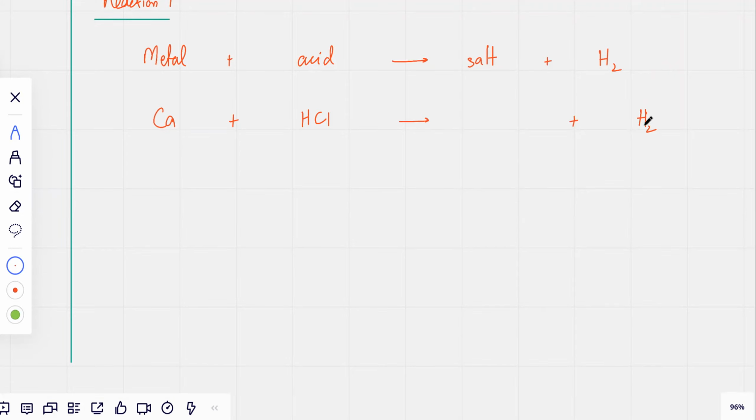Okay, sir. So now, how do you form a salt? Salt is formed when an acid gets neutralized. Whenever you neutralize an acid, that's when a salt is formed. What does that mean?